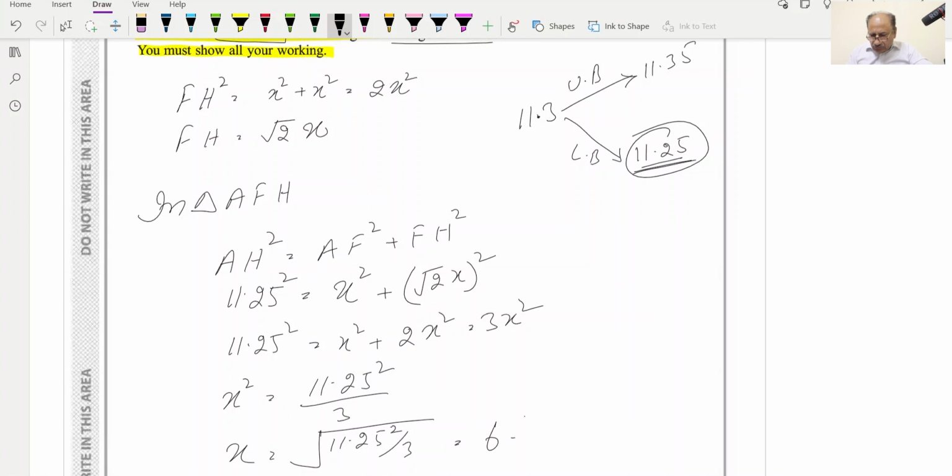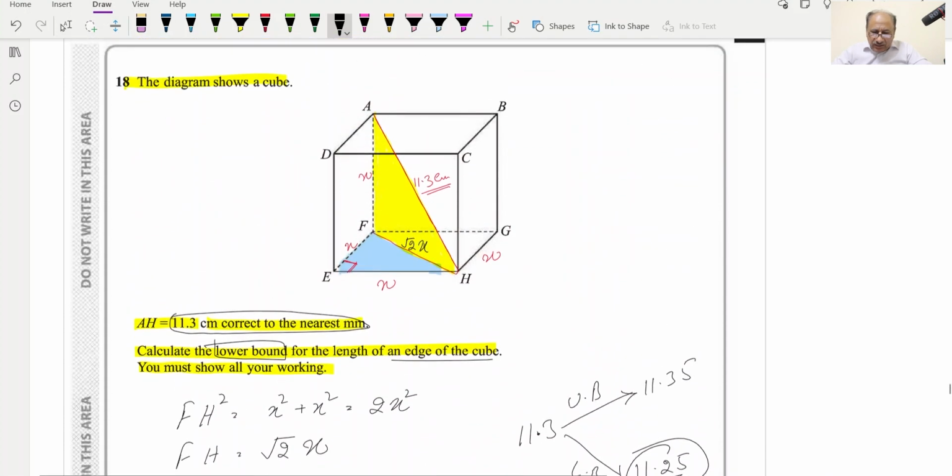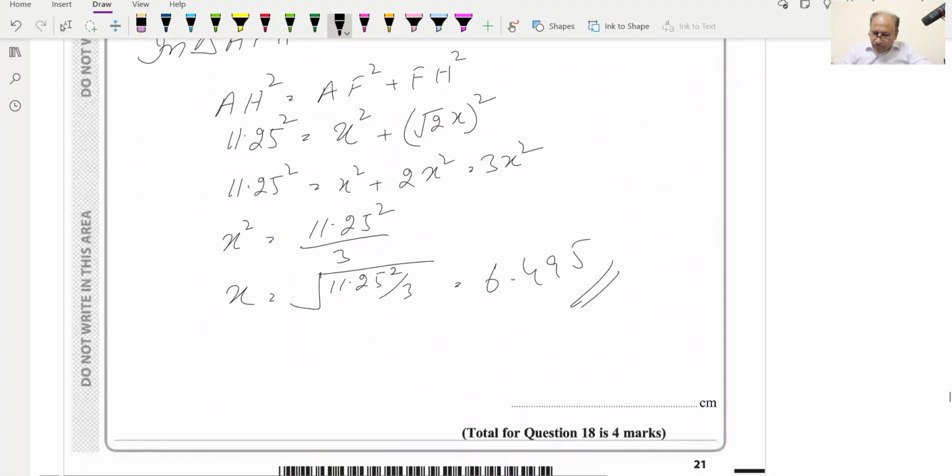This will be the lower bound for x, and x is the edge length which we needed to find. So our answer will be 6.495. This will be the final answer.